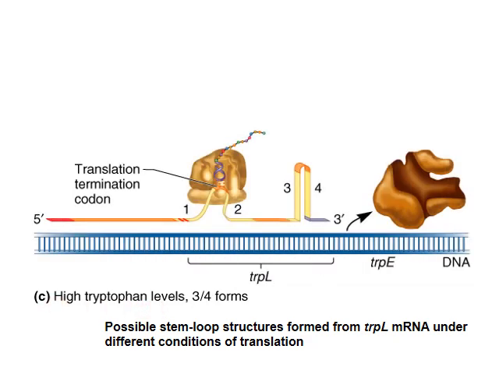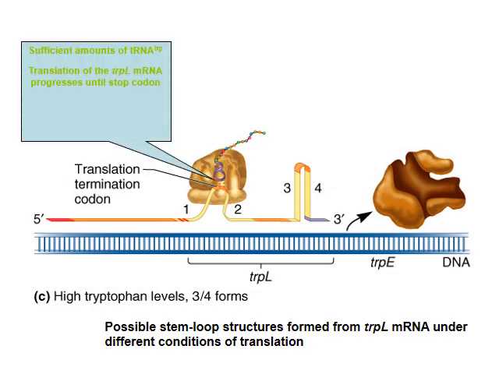We get less of a gap that forms between the RNA polymerase and the ribosome. The ribosome makes it all the way to the termination codon, sits on part of the 2 region, allowing the 3 and the 4 region to form that termination loop, and therefore we get transcriptional termination, or attenuation. Right, so sufficient tRNA, etc.